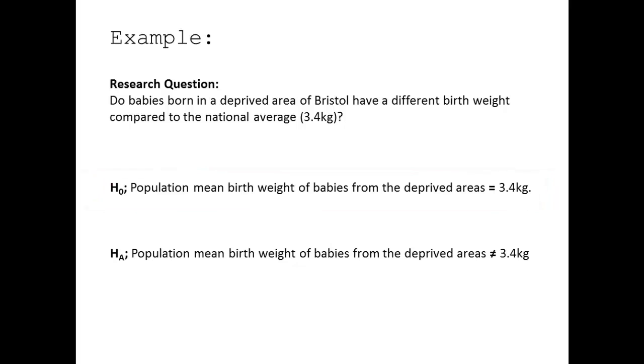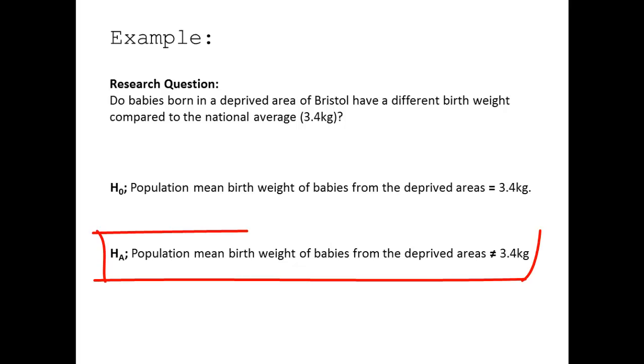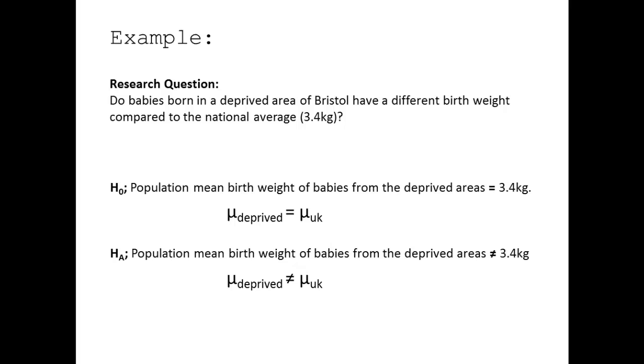Now the motivation that led to this study being done, on the other hand, was probably that there is a suspected difference. But this is written as the alternative hypothesis, abbreviated HA. And here we say that the population mean does not equal 3.4 kilograms. So we can actually write that another way and it means the same thing.